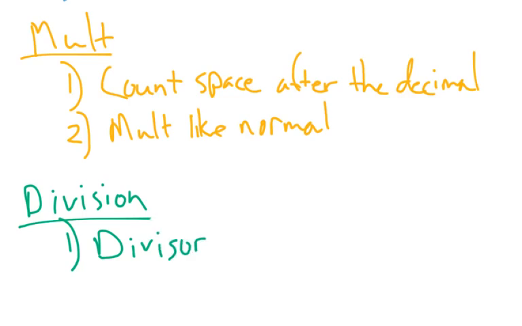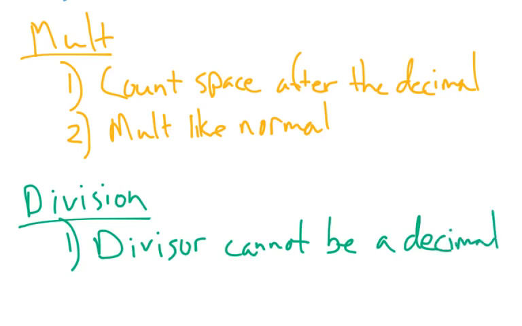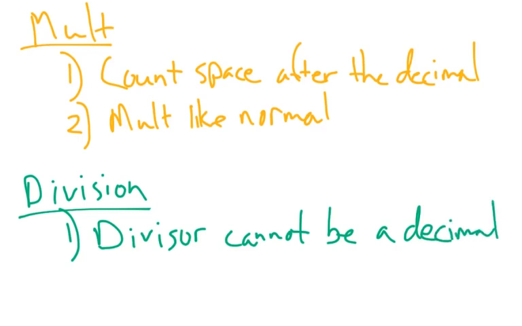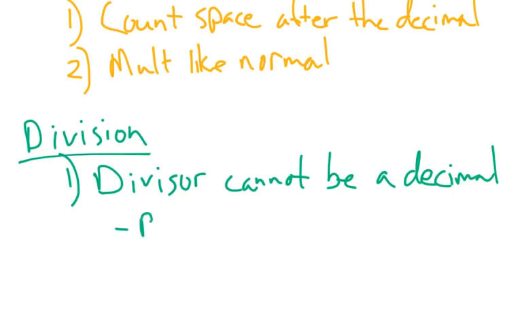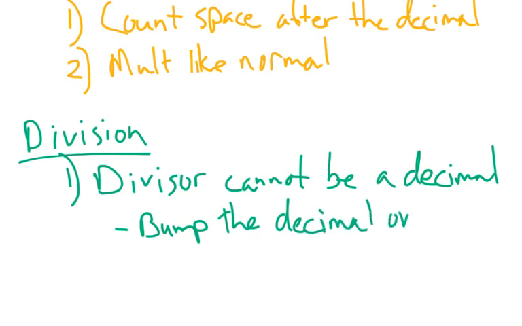The divisor cannot be a decimal or have a decimal. And so what that means is that you have to bump the decimal over.